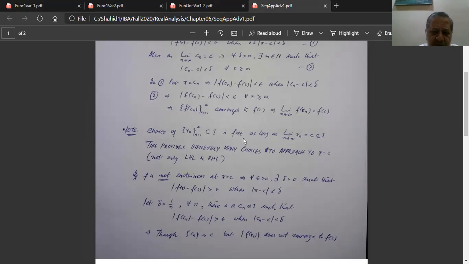Every sequence, as long as it converges to c, which is a point in I. This provides infinitely many choices to approach x equal to c, not only left-hand limit, right-hand limit. So we have opened our scope to infinitely many paths, even for a function of one variable.